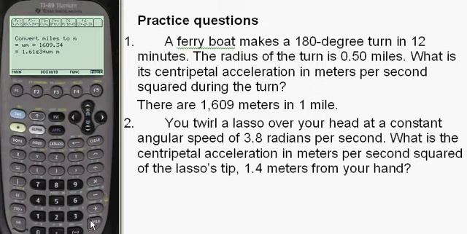Whoops, made a mistake. Let's go back. Alpha, 0.5 miles. 0.5 times 1609.34 changes it to meters, 805 meters. I do all these conversions for you. They're tough too. You have to memorize all this stuff.